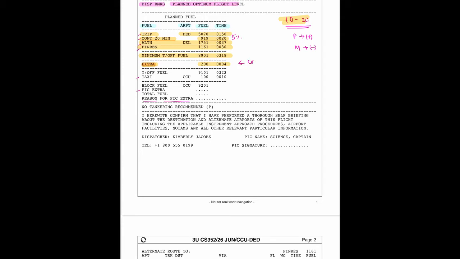Okay, this is given by the company, not taken by the PIC. Taxi fuel again is 100 kgs, which is 0.1 tons, and this is for CCU, because for Dehradun the airport is very small, so we don't have to taxi that much. So for CCU, we are taking 100 kgs of fuel, which is approximately 10 minutes to taxi.